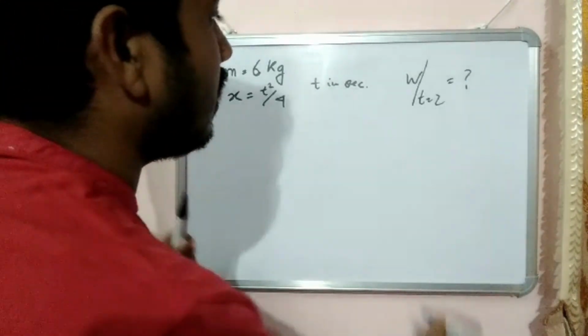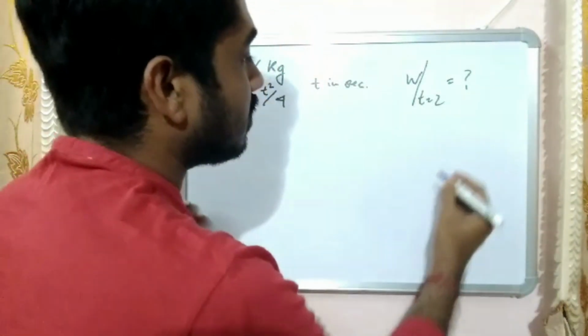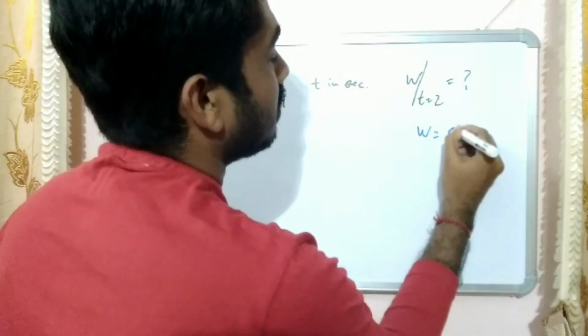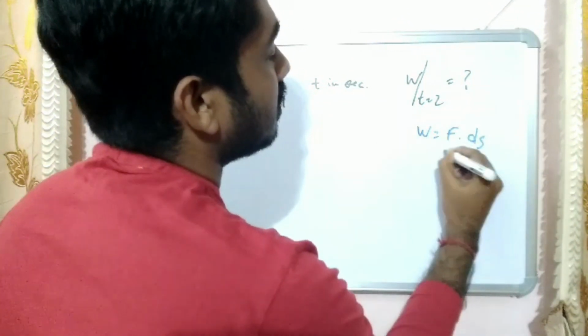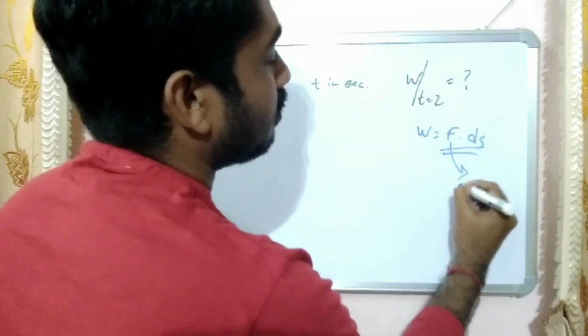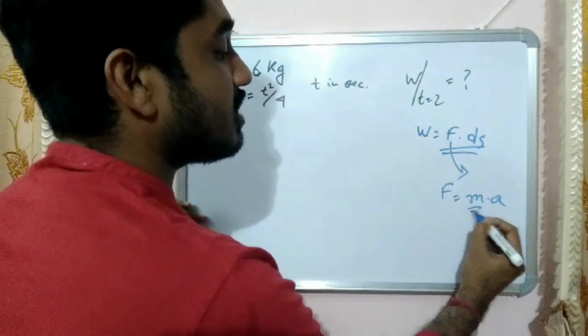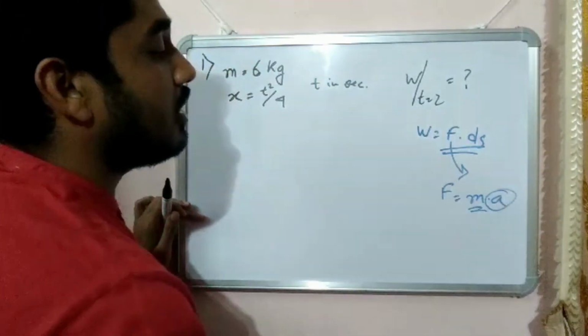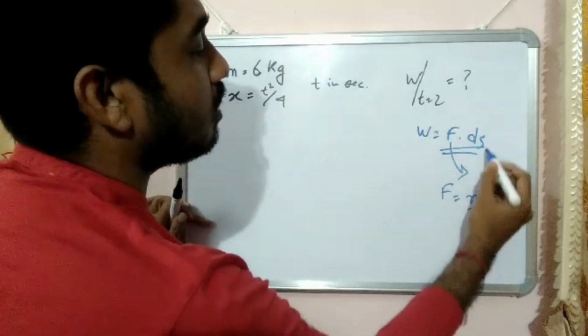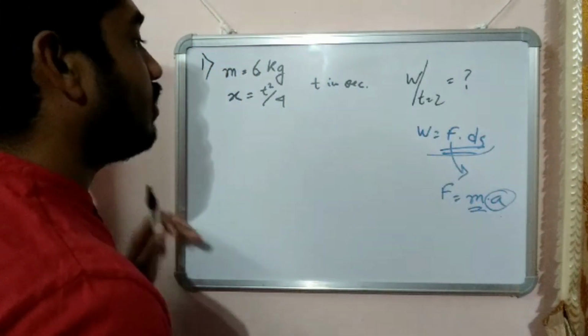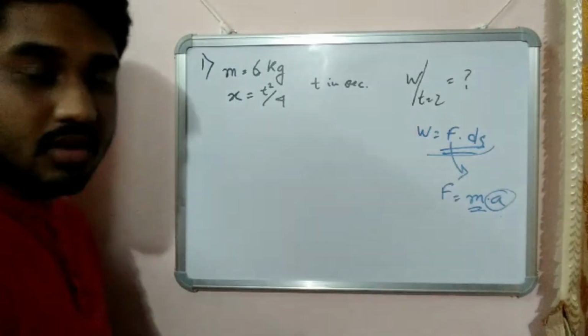So when we need to calculate the work done, work done is force into displacement. So we need to calculate force, and force is F is equal to m into a. The m is constant and a is the variable. So we have to calculate a and put it here, and we can easily find the force.